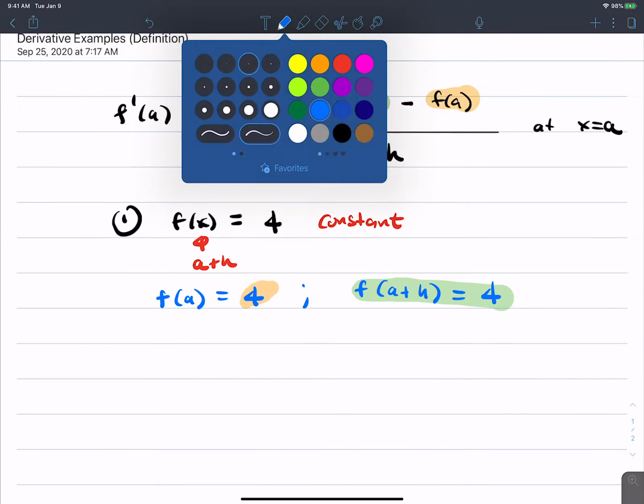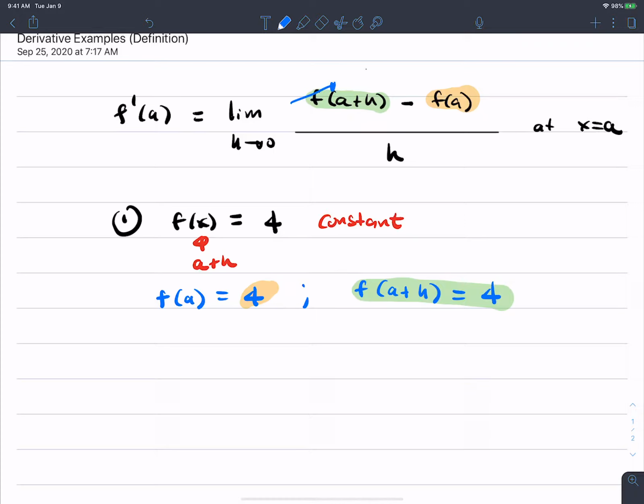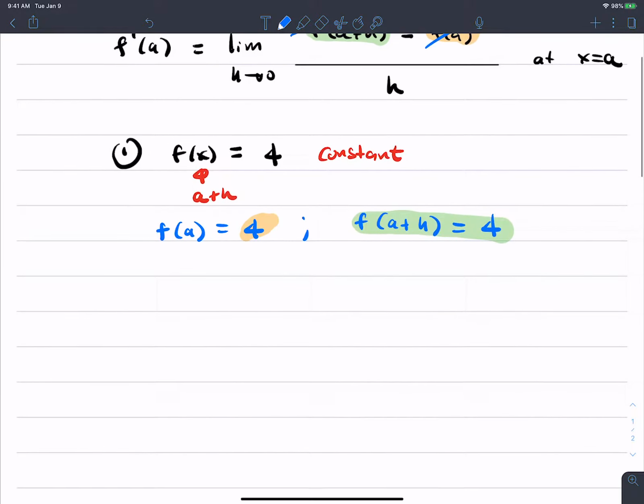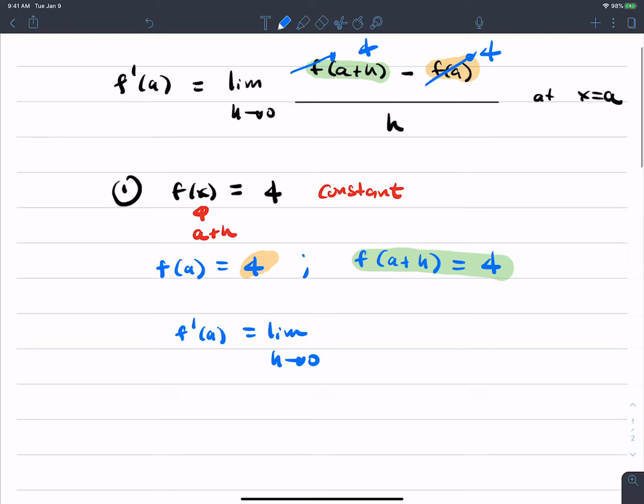Okay, so what this means is this portion is 4, and this portion is 4. And as you can see, f prime at that value a is the limit as h goes to 0 of 4 minus 4, everything over h.